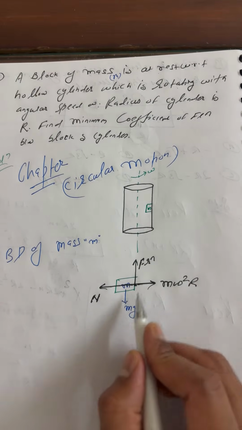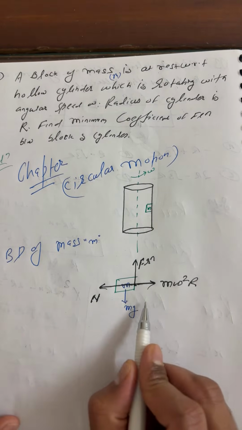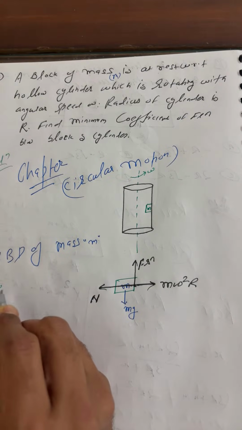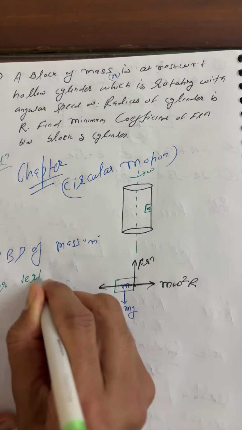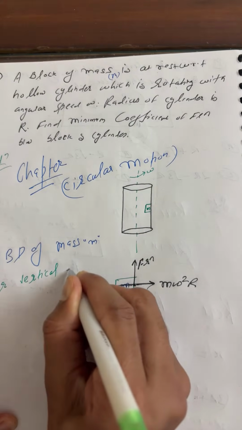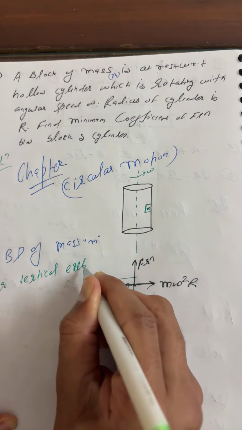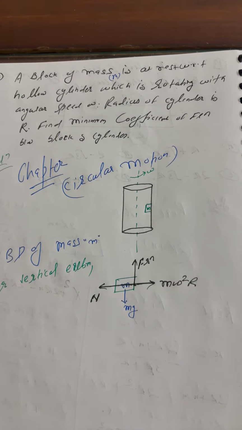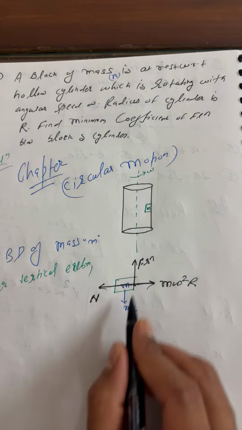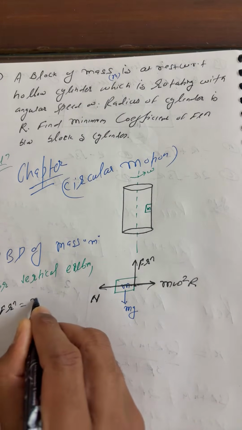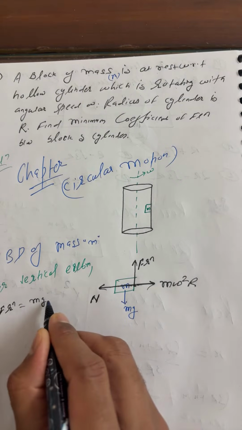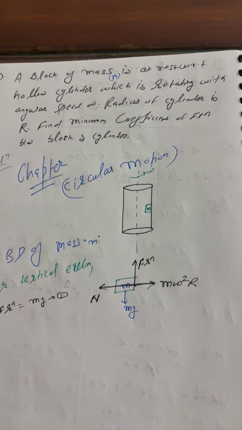Now, students, just equate these forces because the system is in equilibrium. For vertical equilibrium, friction is equal to mg. Say this is equation number one.